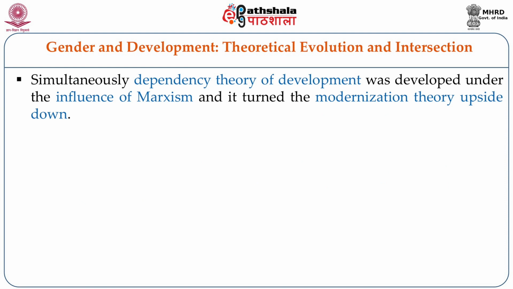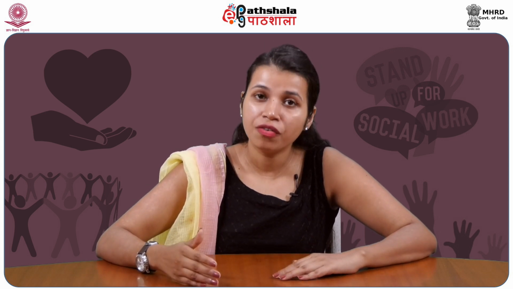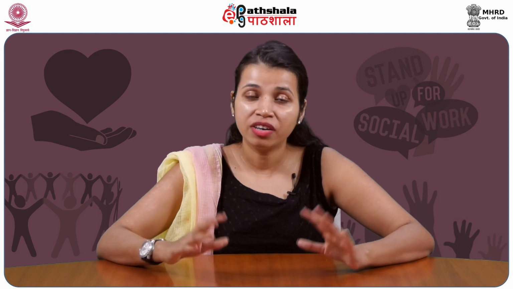Simultaneously, dependency theory came into the picture, and this was also influenced by Marxism. And herein, they said that the underdevelopment of any society or a section is not an internal issue, it's something which is affected by outside forces. The underdevelopment of a society was seen to be created and maintained by developed societies and developed countries.